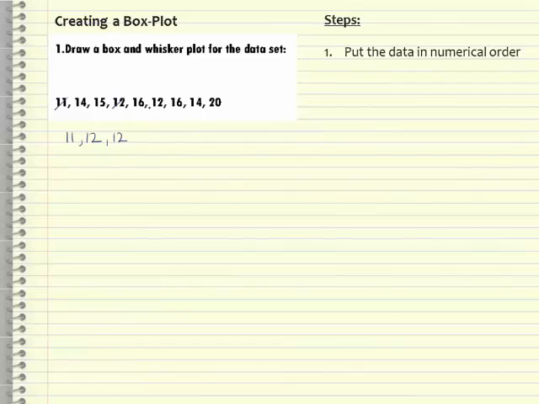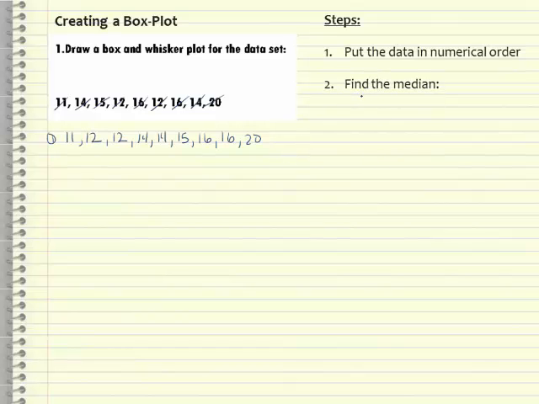I have another 12. 14, 14, 15, 16, 16, and 20. Again, I like to cross the numbers out or circle them as I use them so I know I didn't miss any, because if I miss any, it'll put everything out of kilter. So that was step 1.